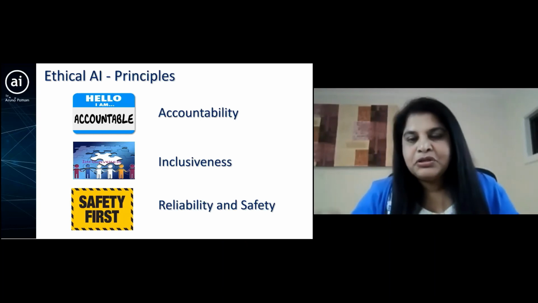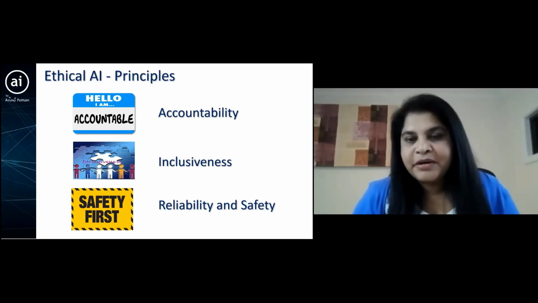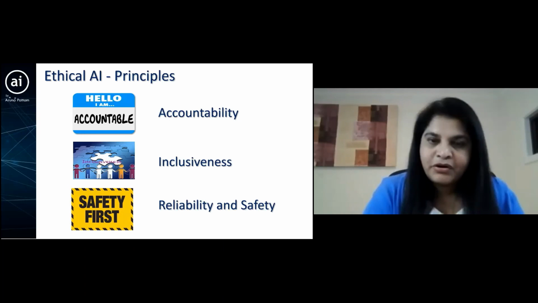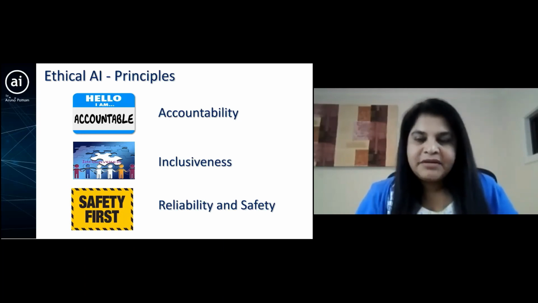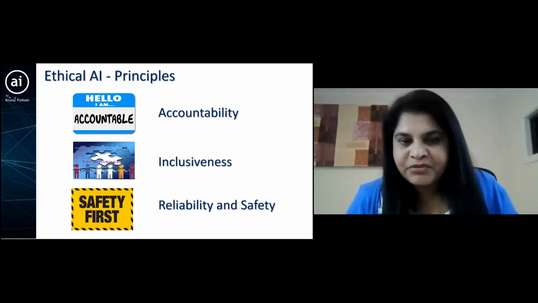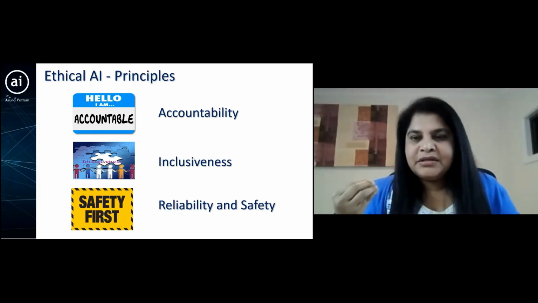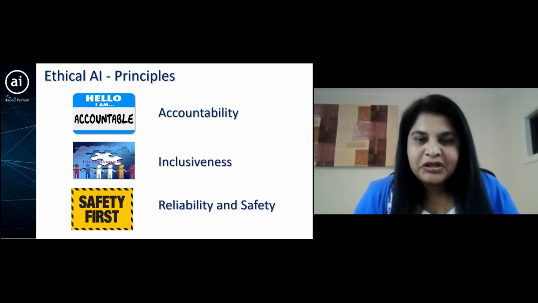So you need to continuously monitor the models, and if one is not accurately predicting what it was meant to predict, you go back to the drawing board, go to the development team and ask them to refine the models. Safety: make sure when you're building AI systems, the safety standards have been met, such that there are no vulnerabilities where people can hack in and make changes to the predictions.